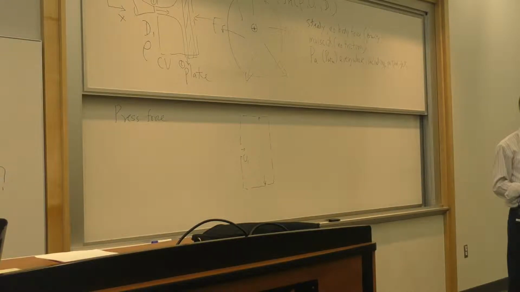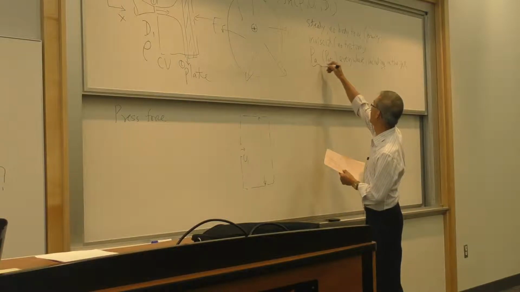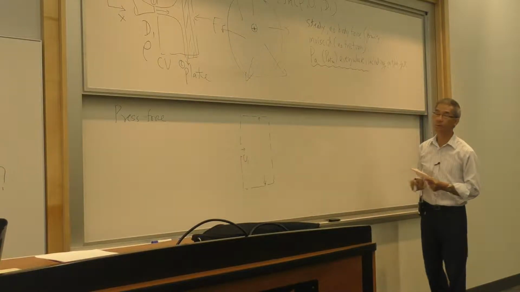It's always normal, right? Normal, but is it pointing into the control volume, or is it pointing away from the control volume? This is a very subtle question. I'll give you the answer not to confuse you. First, you were told that pressure is everywhere, including the jet, PA.